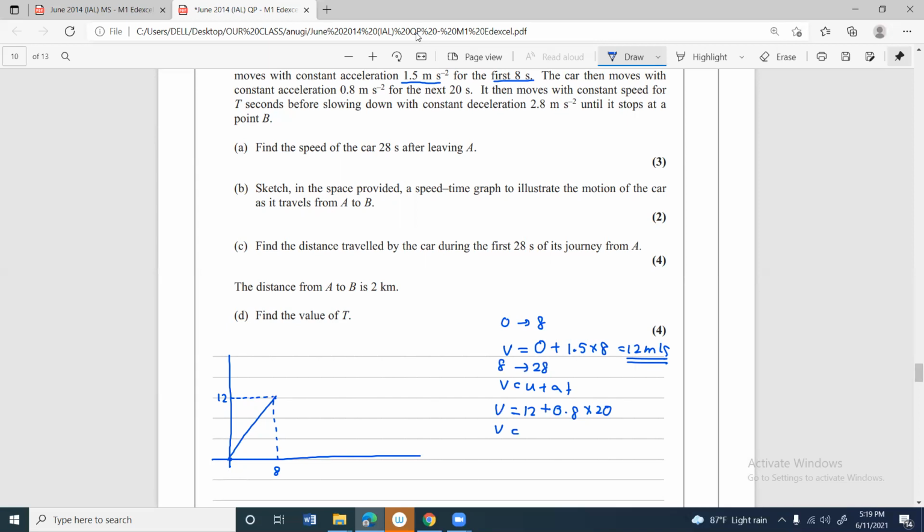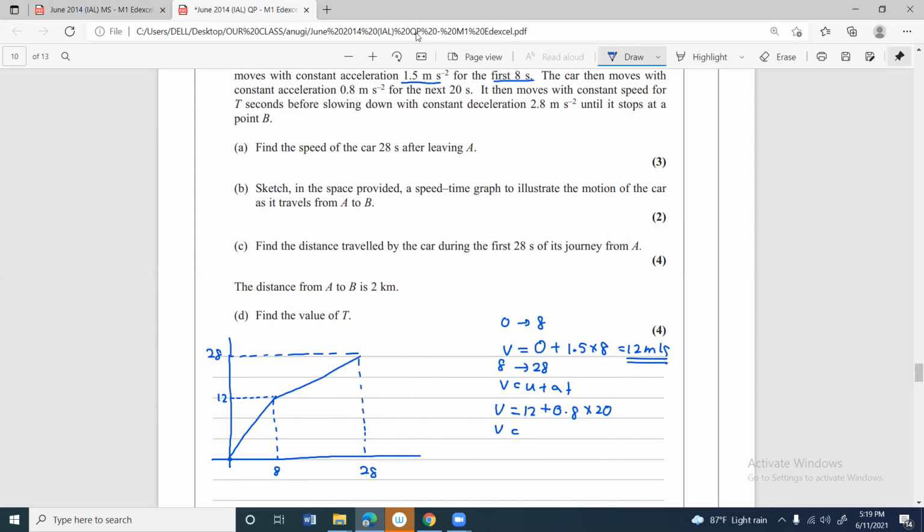Now the gradient is a little bit lower. Now here the velocity is 28 and the time is also 28. Yeah, both are 28. Yes, u is 12 plus, 28.